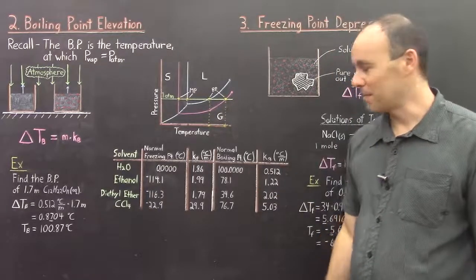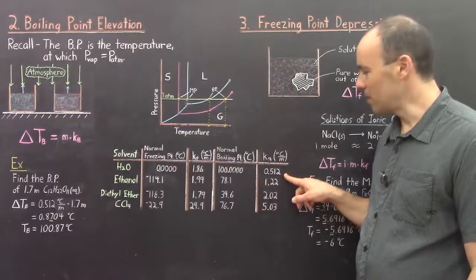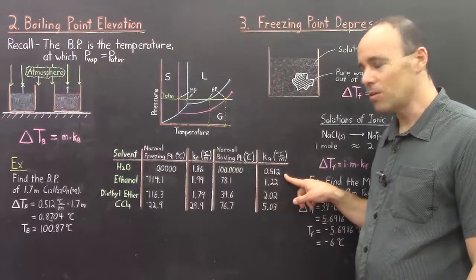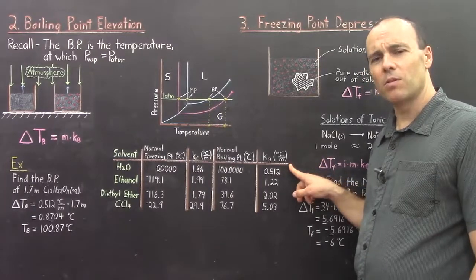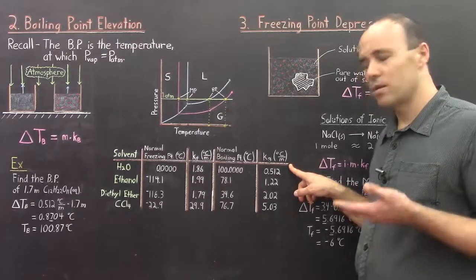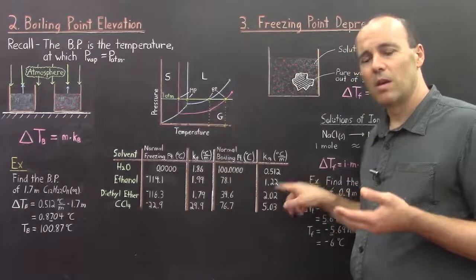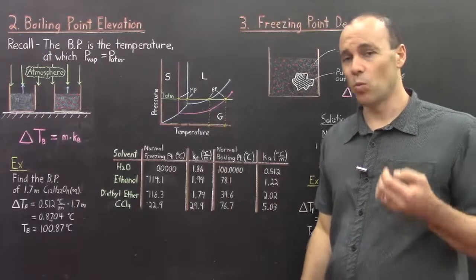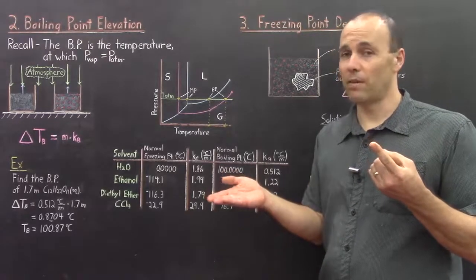So kind of interesting. Water has a boiling point elevation constant of 0.512 degrees Celsius per molality. So every single molality will raise the boiling point by 0.512 degrees. If the solution has 1 molality of particles, the boiling point increases by 0.512 degrees.